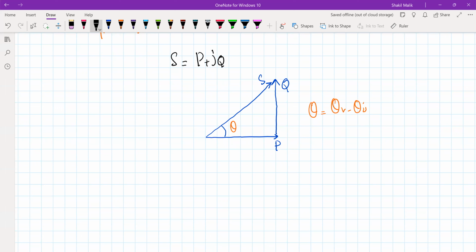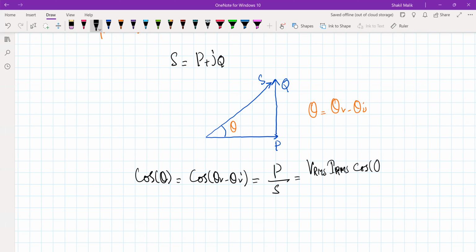How do we define cosine of theta here? Cosine of theta, which is the same as cosine of theta V minus theta I, is defined as P by S, if we say these are the magnitudes. What is P defined as? It is simply defined as Vrms Irms multiplied by cos of theta V minus theta I, divided by S. How is S defined?